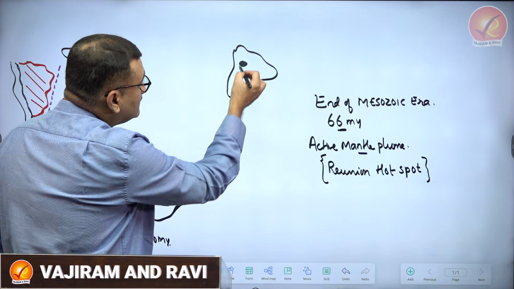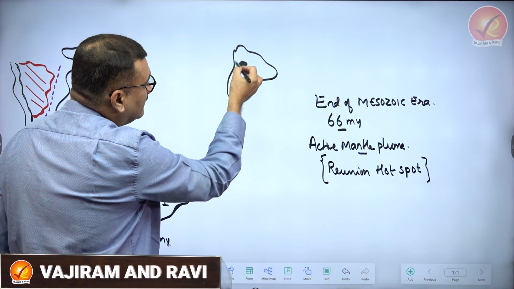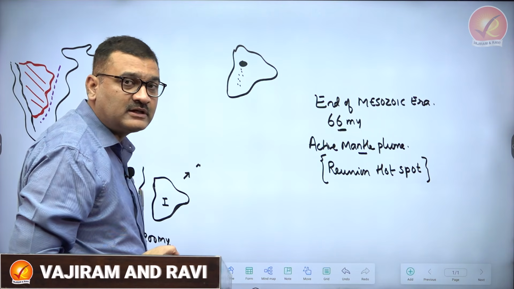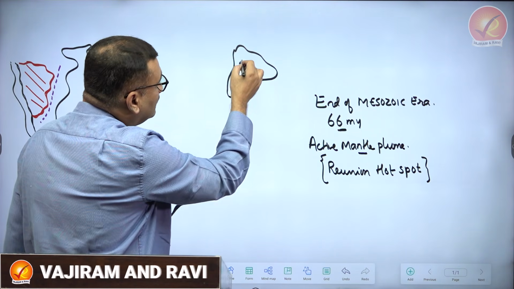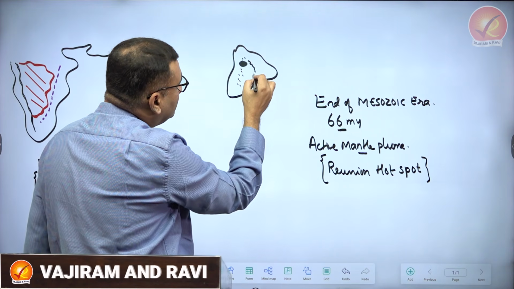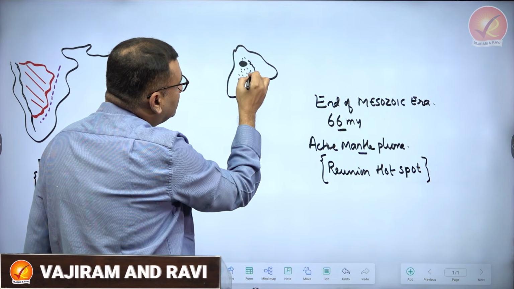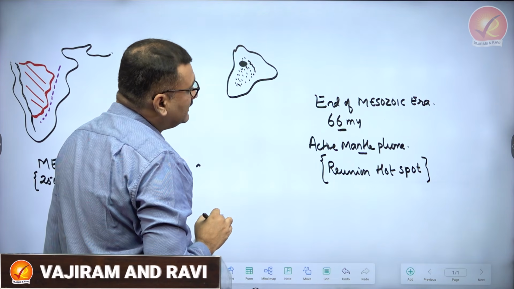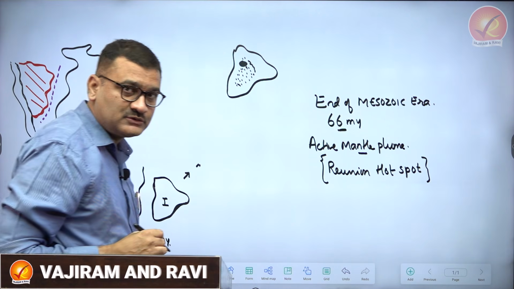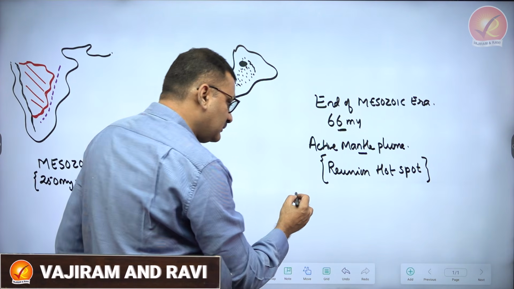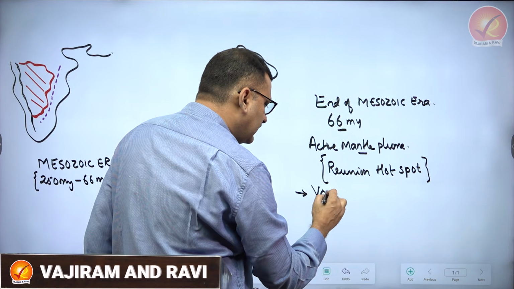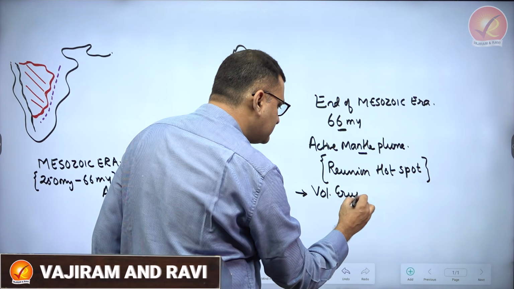As this Reunion hotspot erupted, a huge quantity of lava came out, and this lava accumulated and spread here, resulting in the formation of one tableland. So the Deccan Plateau was created by volcanic eruption. We can include that it was the result of volcanic eruption.